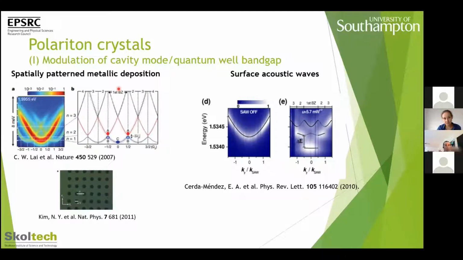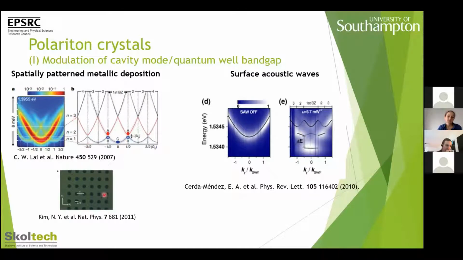Another technique that has been implemented in the past is through depositing metal onto the surface of the sample, for example, gold. And in 2007, Yamamoto's group demonstrated that using strips of gold deposited, they could produce these one-dimensional periodic potentials, and again, bands form within the dispersion.